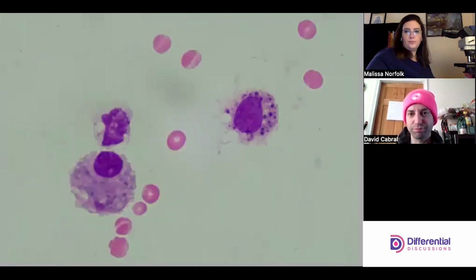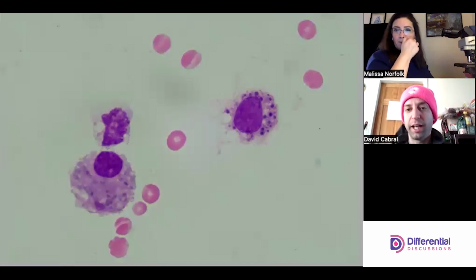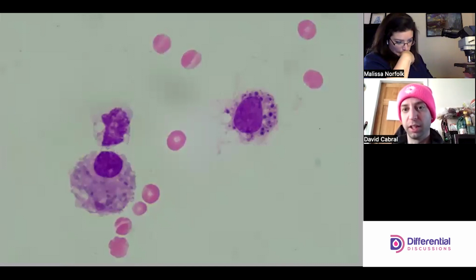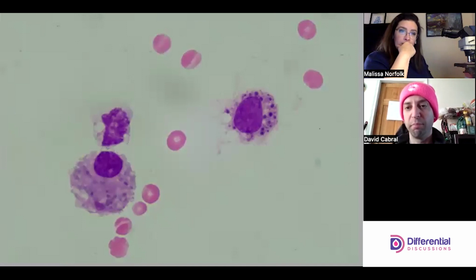So this can be kind of challenging, I think, for newer techs. We're looking at the inclusions inside of these cells. They are not uniform; some are bigger, some smaller, so a lot of variation in size.